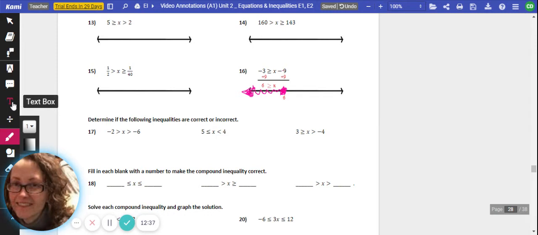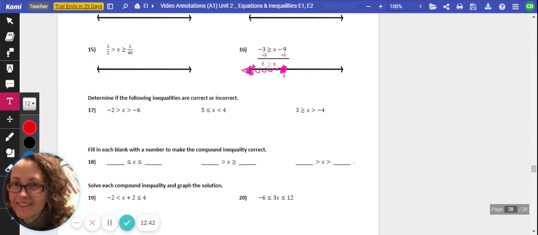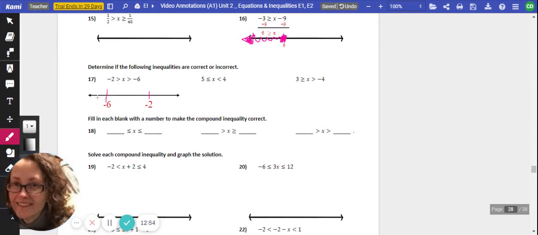So for our next problem number 17, we are going to be looking at trying to determine whether or not these inequalities are going to be true or false. So I can do that by graphing. So in this inequality, I want to graph my -6 to the left because it is going to be the smallest or the most negative of my two values.